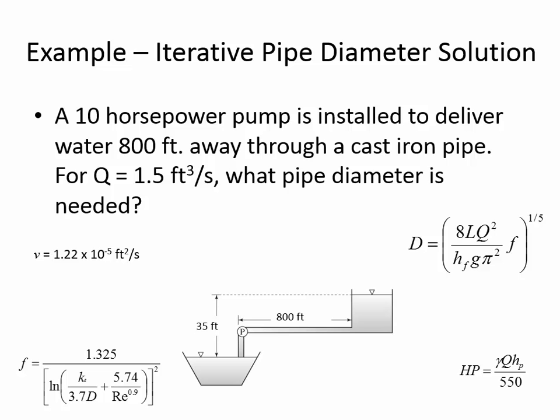Z1, let's let that be equal to 0, and then we will call Z2 35 meters. We'll use the water surface at the tank on the left as our elevation datum.